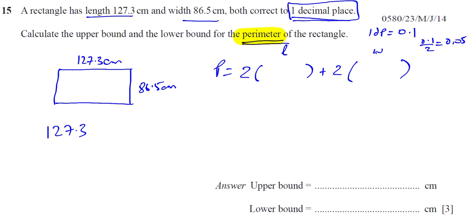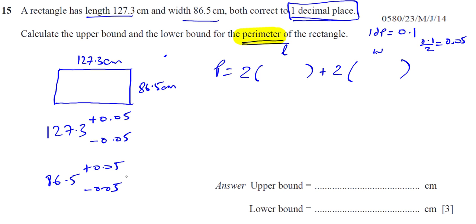It's a very easy way to find upper and lower bounds. You add 0.05 to the number and you subtract it from the number. That's for the length, and for the width, 86.5, the upper bound will be plus 0.05 and the lower bound will be minus 0.05.